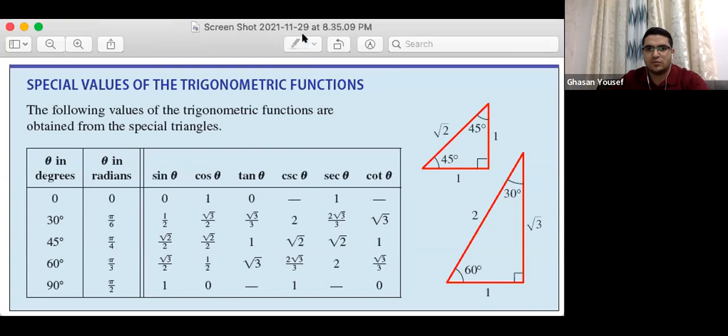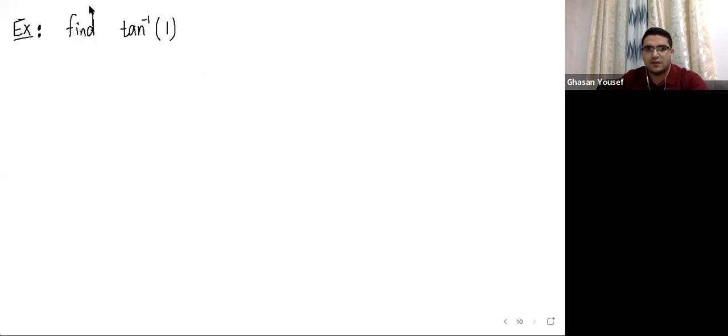Okay, I'm going to go back to the class. Now my question is find tan inverse of 1. The same idea. We should ask ourselves, does the 1 belong to R, to the real numbers?